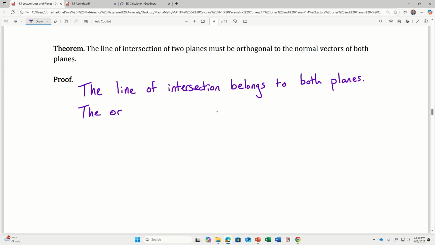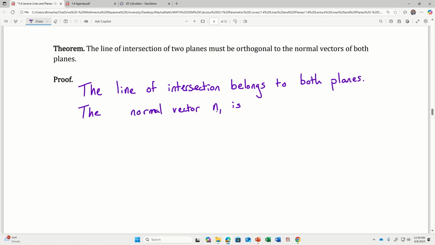The orthogonal vector n1 is, or sorry, I should say the normal, I guess, because I'm trying to use the word normal.